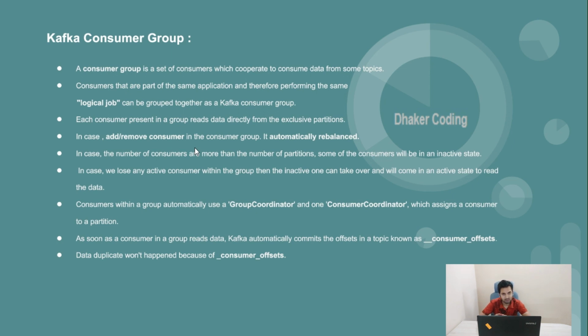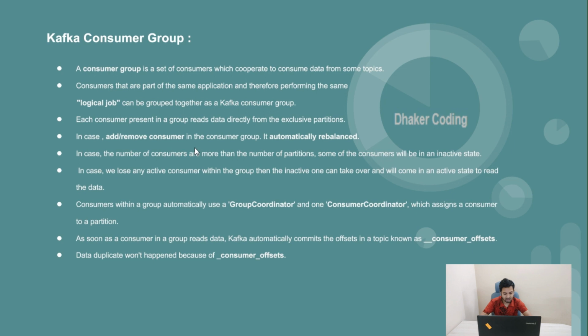Let's say consumer one is broken or removed. How do the other consumers know that the data for this particular partition has been read up to a certain offset? We get that information from the consumer offsets. That's why there won't be any data loss and there won't be any duplicates.